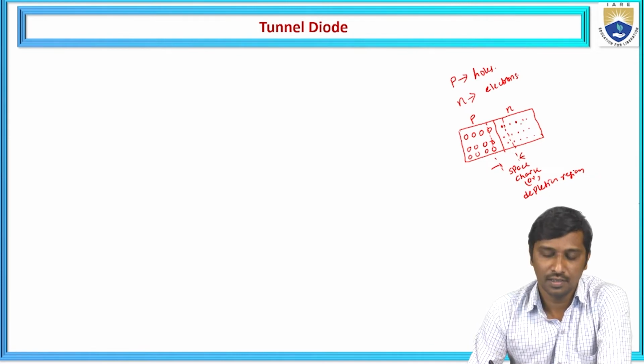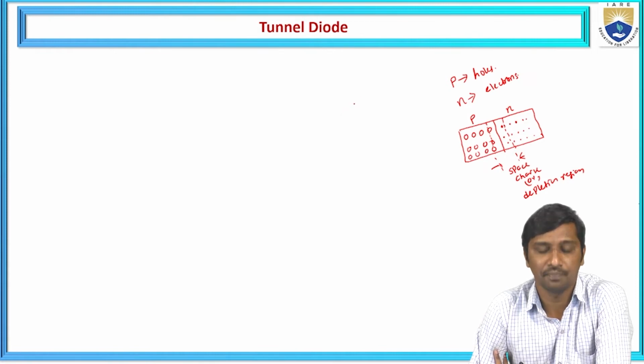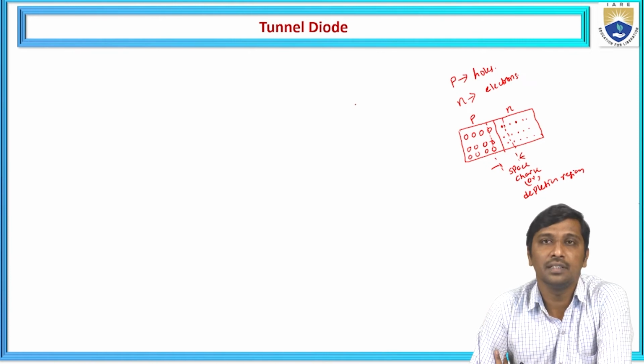So we have two types of biasing: the way of applying an external electric field to a PN junction is called biasing.